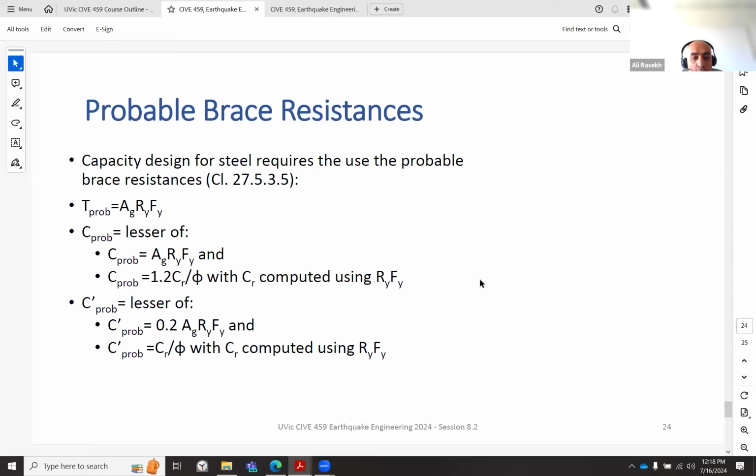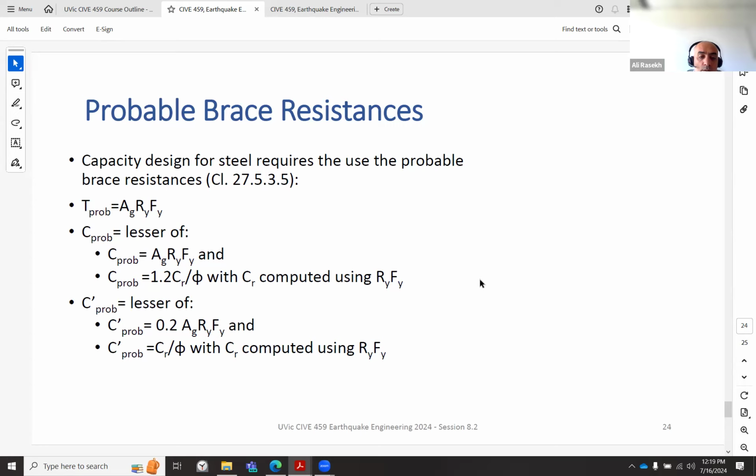Probable bracing resistances. Capacity design for steel requires the use of probable brace resistances. The probable tension is A_g R_y F_y, as we showed on the previous page. The probable compression resistance is the minimum of the two. It doesn't need to be larger than the tension.